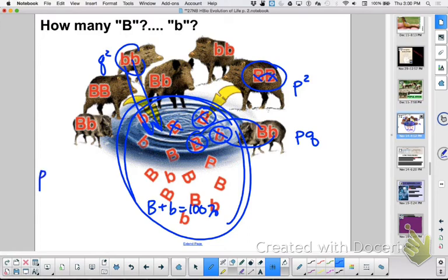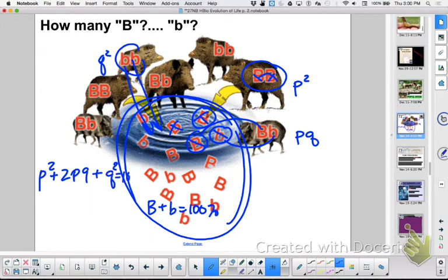So in our general population, this is what you can be. You can be a P squared, or you can be a PQ, or you can be a QP, right? Either way, it's the same thing. So that's why you just say 2PQ. Because you can be a PQ or a QP, but either way, you're a different one, right? So I can be a P squared, a 2PQ, or I can be a Q squared.